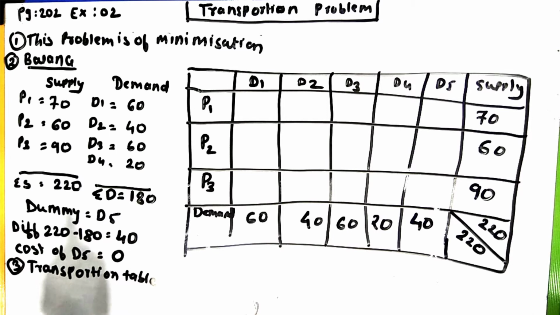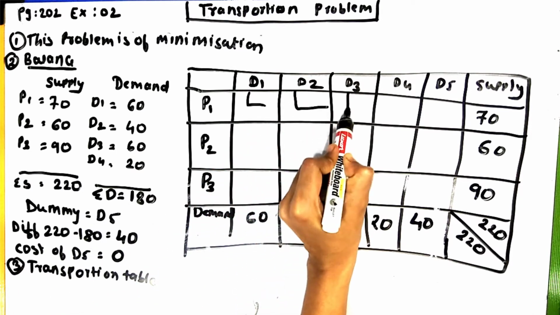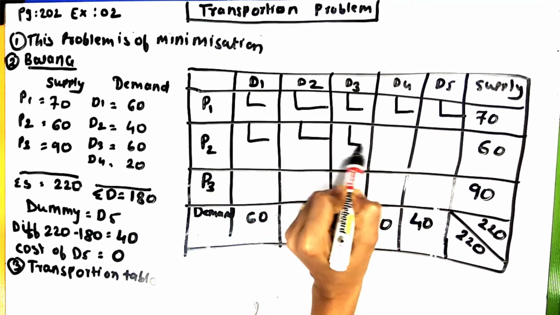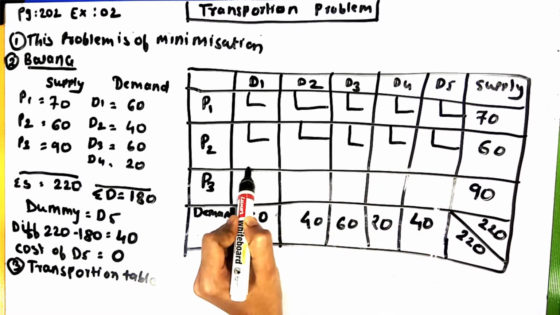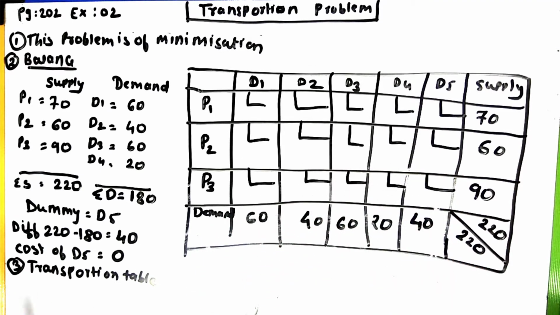Now let me write the cost in the boxes. So let me draw the boxes. Now we have the cost data in the question.